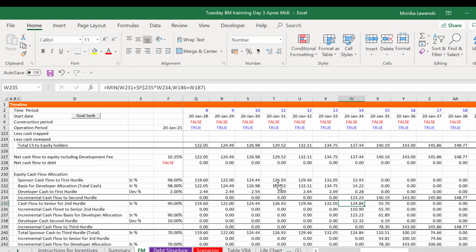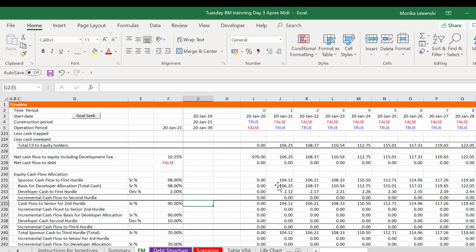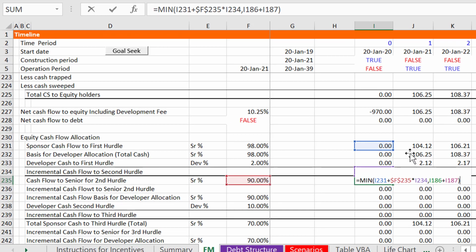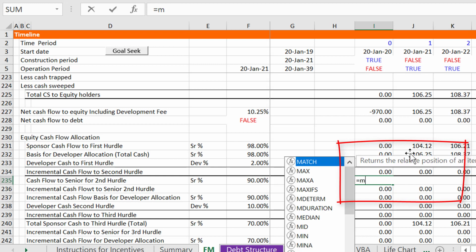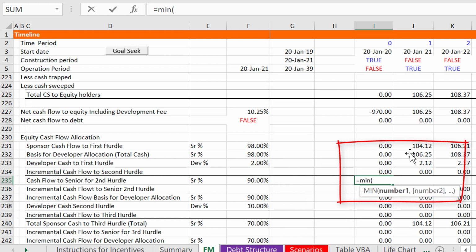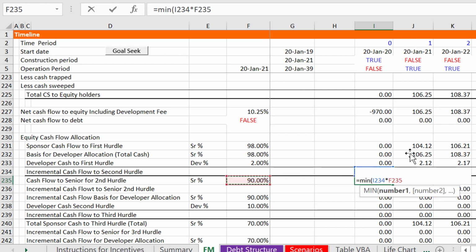Now the first thing is it gets a little confusing. So now I said 90% of that incremental cash flow goes to the second hurdle, but we need the total cash flow. So we use another minimum statement, and I'm going to retype this minimum statement again. So we say the minimum of the incremental cash flow multiplied by the 90%. But here's the problem.